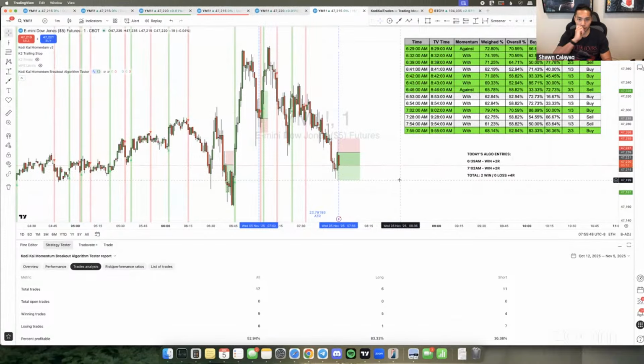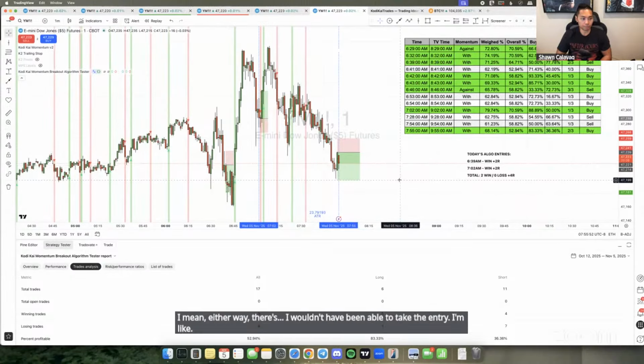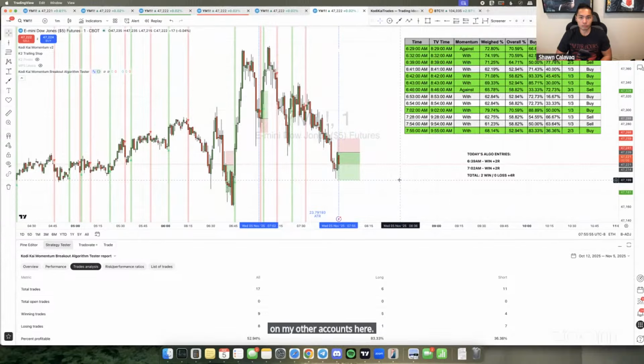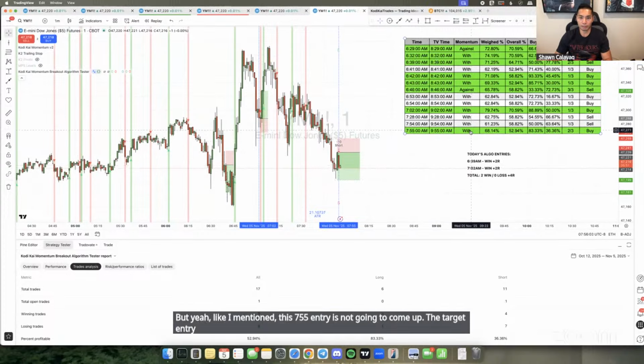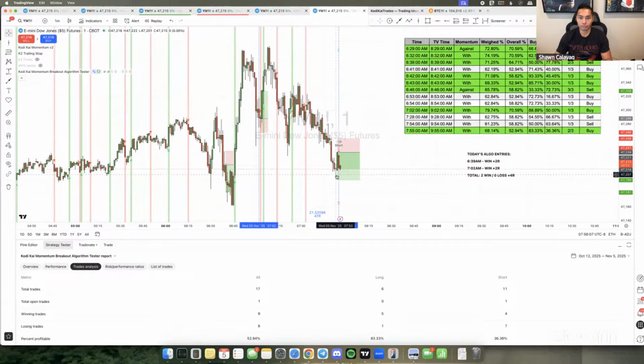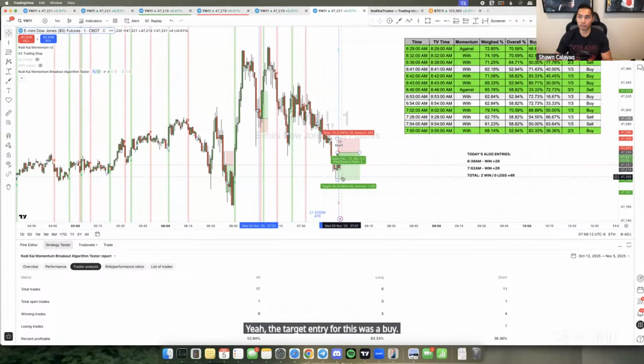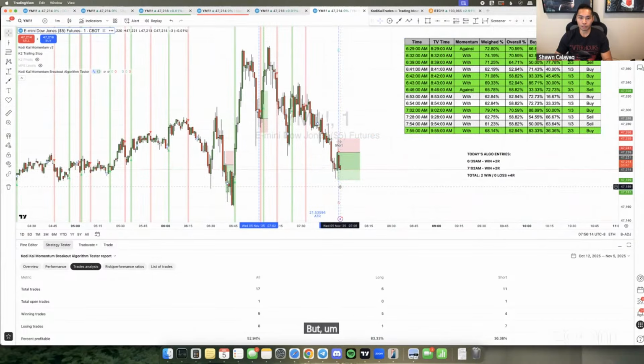Either way, I wouldn't have been able to take the entry on my other accounts here. I'll watch it for you guys. But like I mentioned, this 755 entry is not going to come up. The target entry for this was a buy, but obviously no buy entry there.